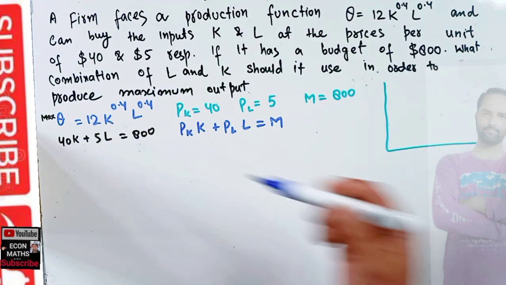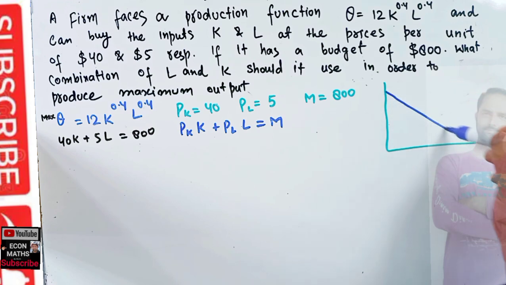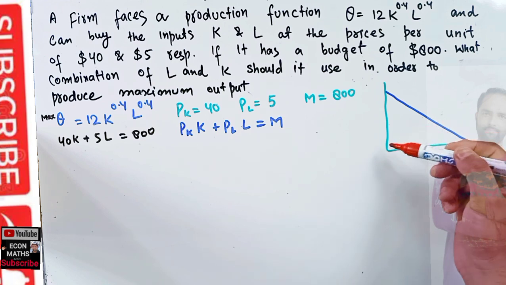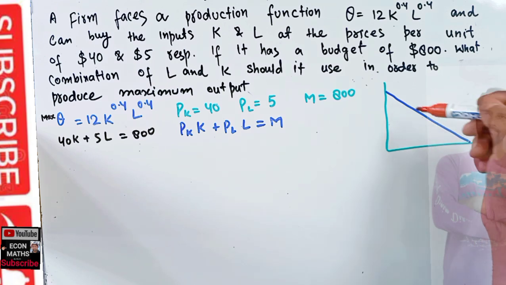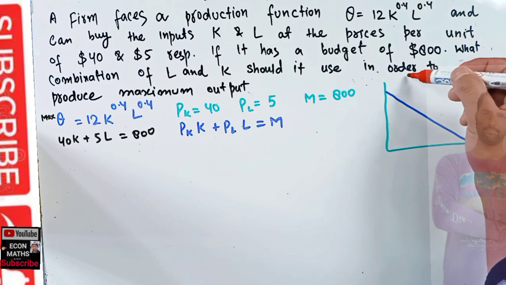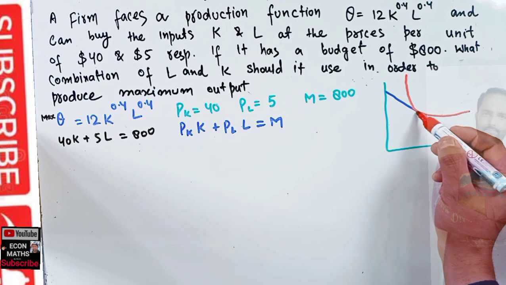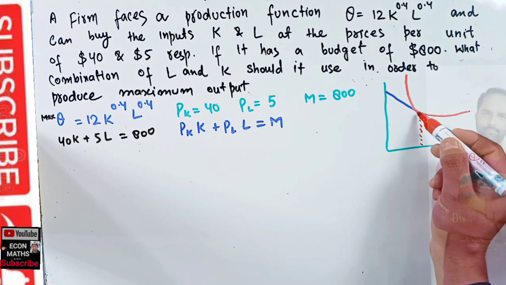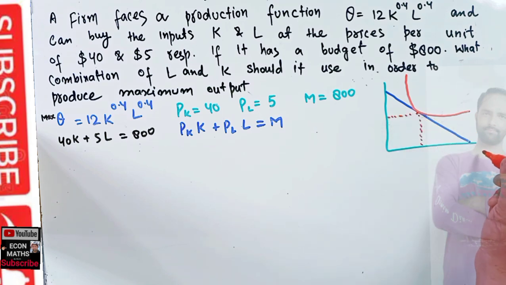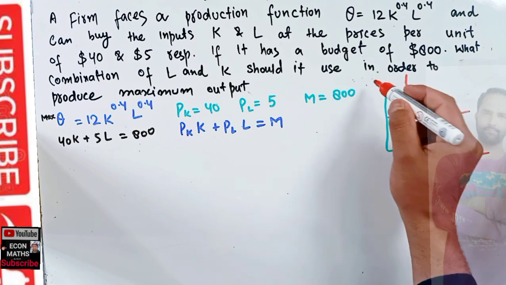Given this isocost line, that is our budget constraint, we want to produce at the highest possible level. It will occur at a point where our isoquant is tangent to the isocost line. We have units of labor and capital here.